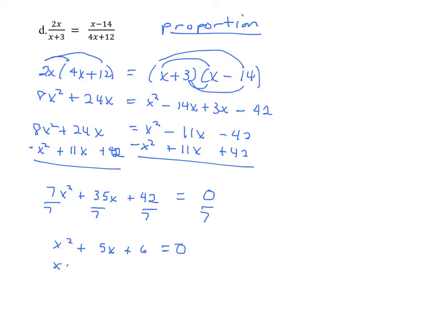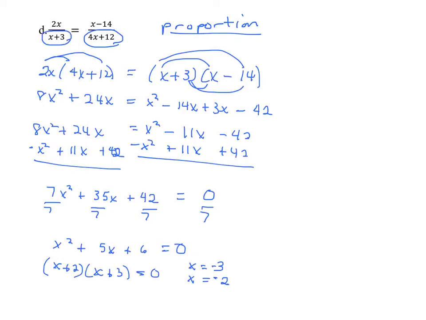So we get x plus 2, x plus 3 equals 0. So x equals negative 3 and x equals negative 2. Now the one thing that I did not do at the beginning of the problem, what was it? It's identify what x cannot be.